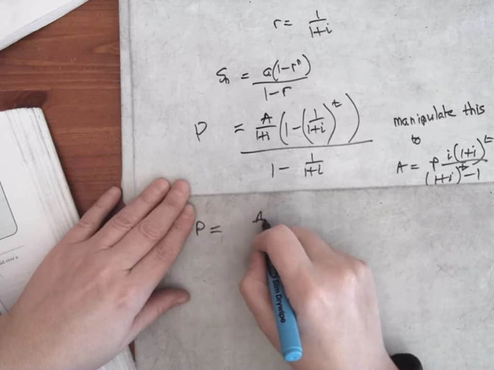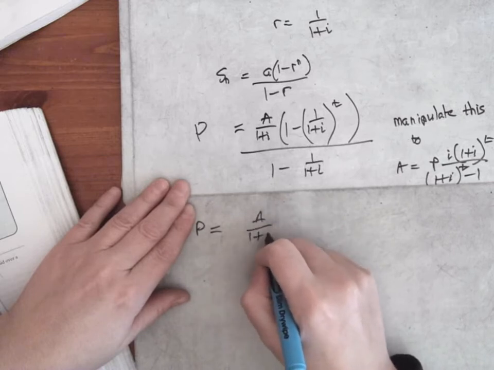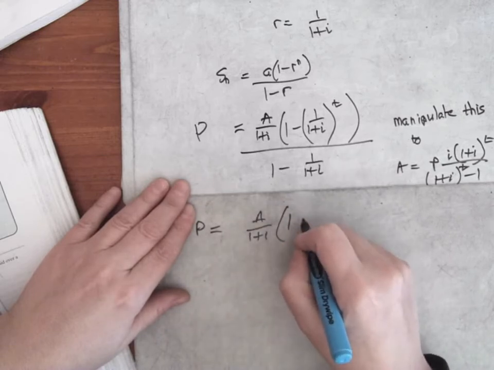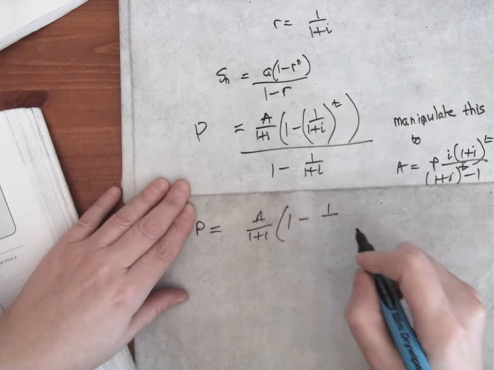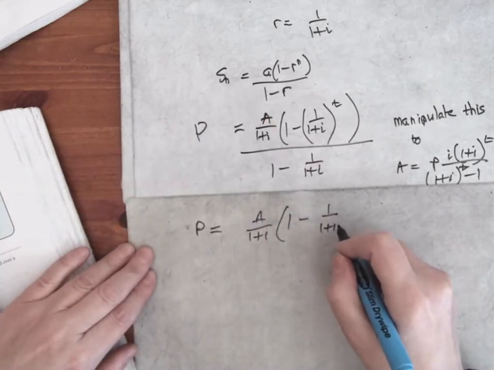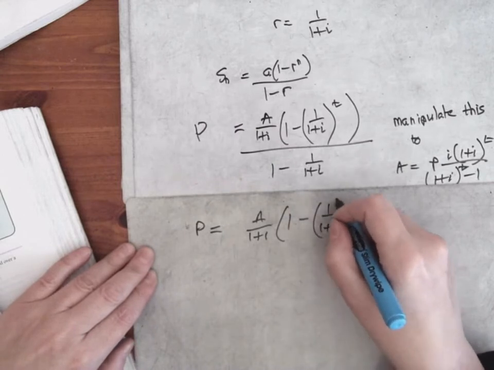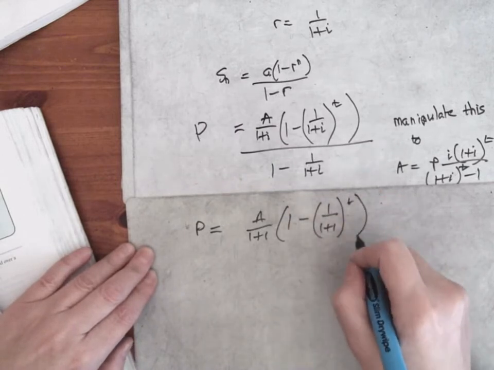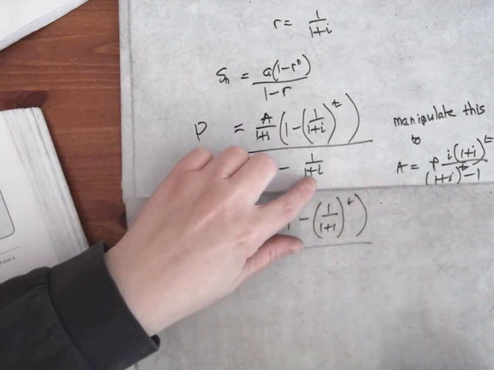All over 1 plus I, I'm just leaving above the line as it is. Underneath the line I'm going to get a common denominator.